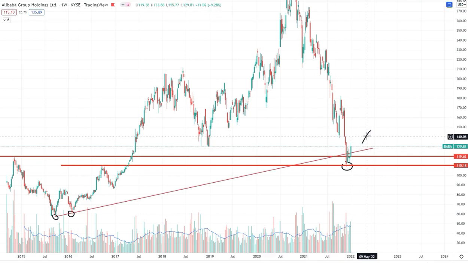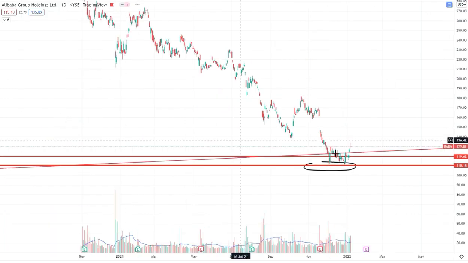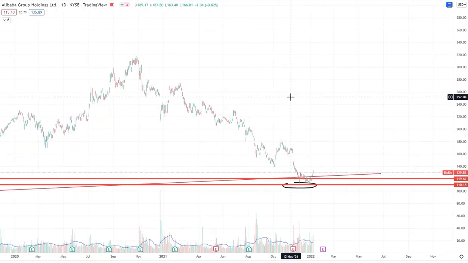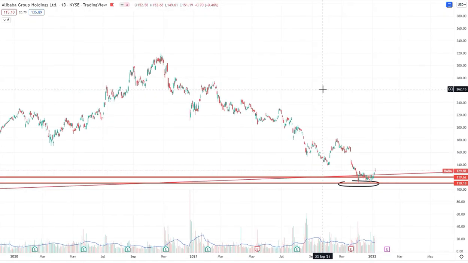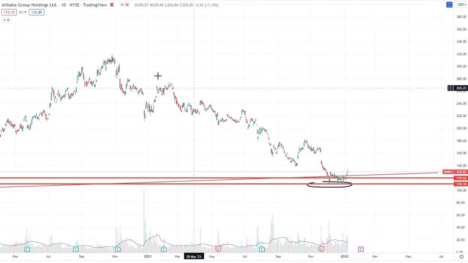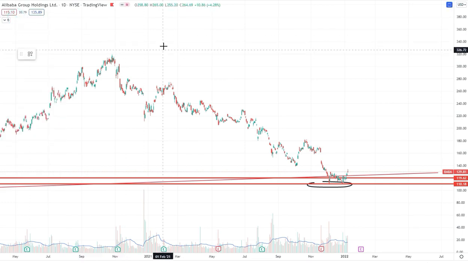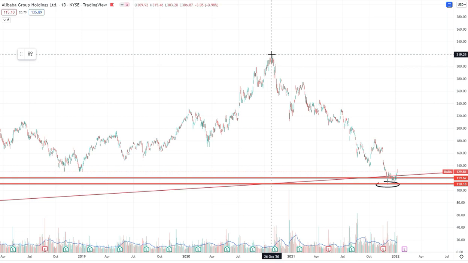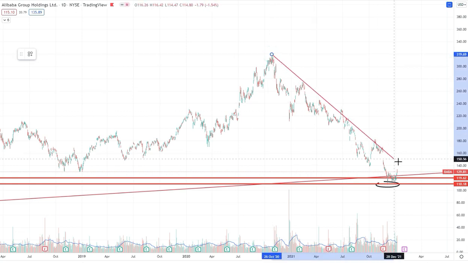Now, guys, let's look at a daily chart to see the price action in a more short-term perspective. Let's draw this trend line connecting the lower highs.